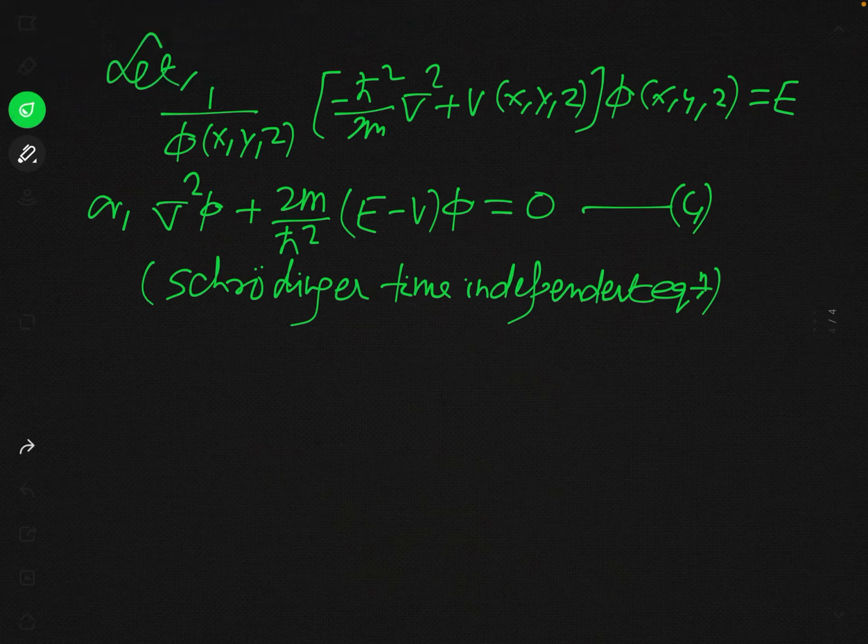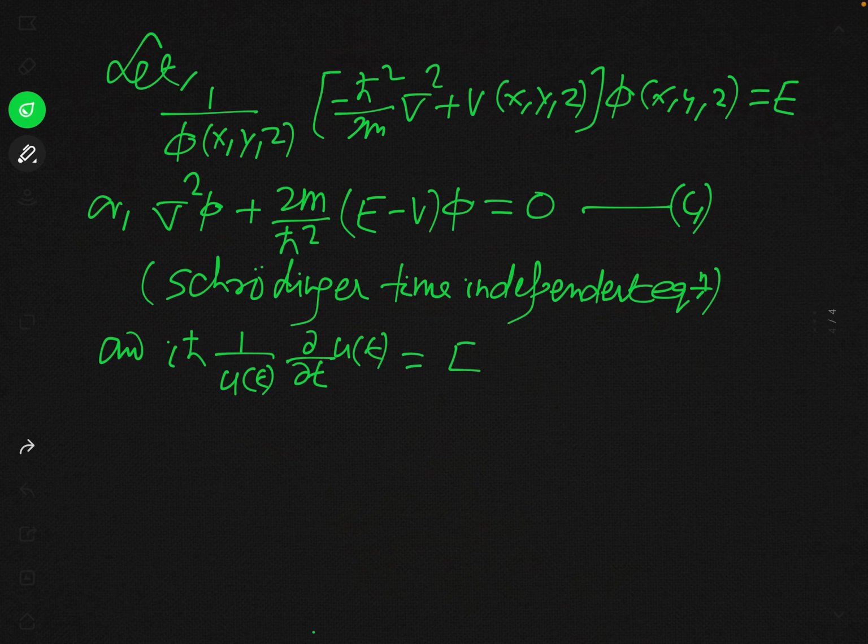So this must also be equal to E. So again, i h bar 1 over u of t del t u of t must be equal to E, as I have told you earlier, and say this is equation 5.